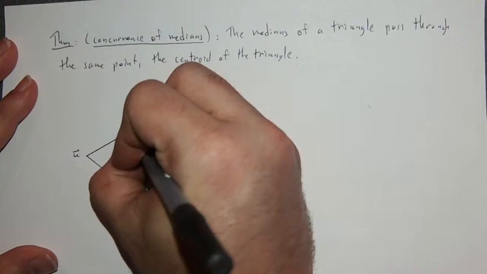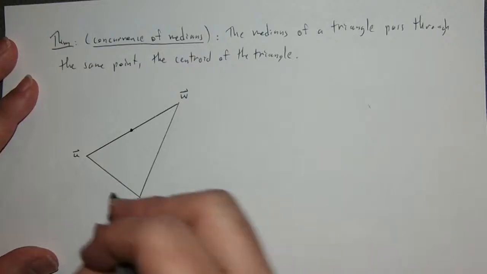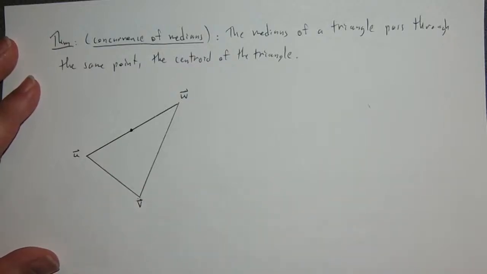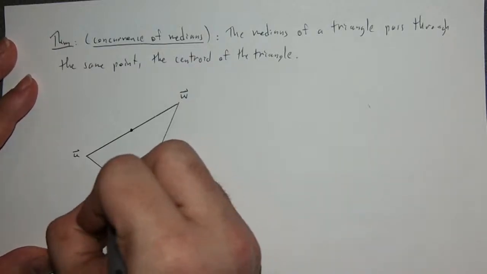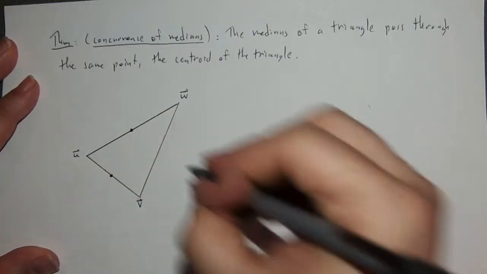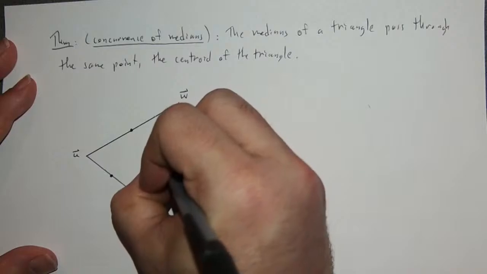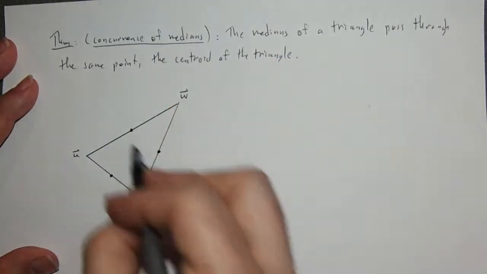Let's just kind of eyeball this. Of course, we can find midpoints using compass and straight edge constructions for any line segment if we want to. That's one of the first constructions we did, but we're being lazy. So here's another midpoint, and the other is here, roughly.